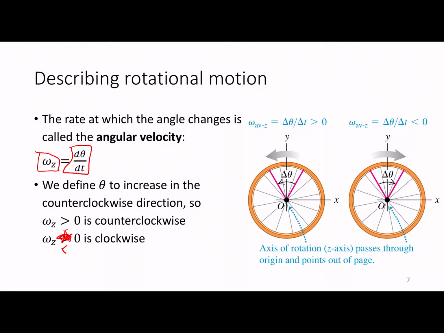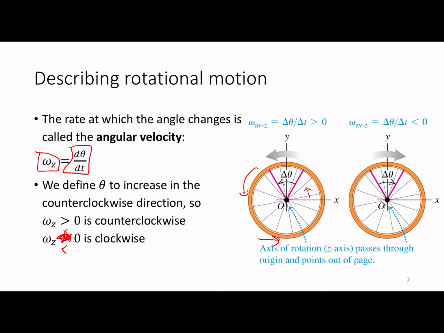So let's talk about the direction. We are simply going to define counterclockwise. If I look at a usual rotating coordinate system, so I define theta as being positive when I rotate in a counterclockwise direction from the x-axis, that means that theta is increasing when the object is moving counterclockwise.